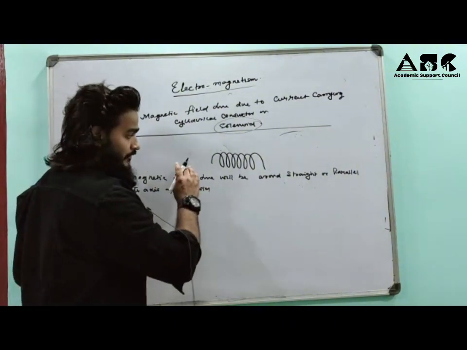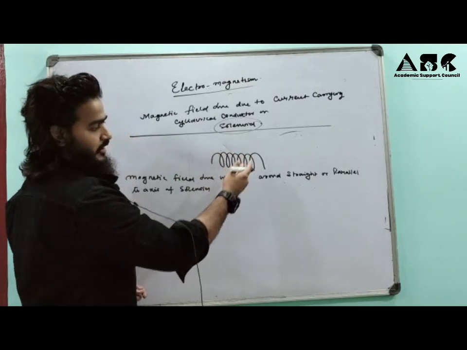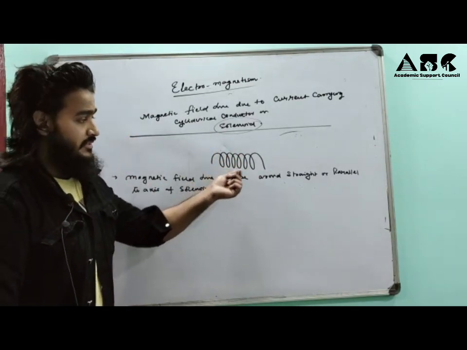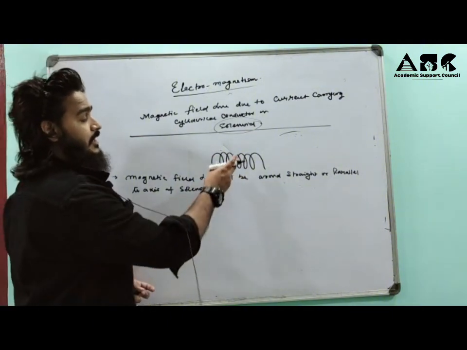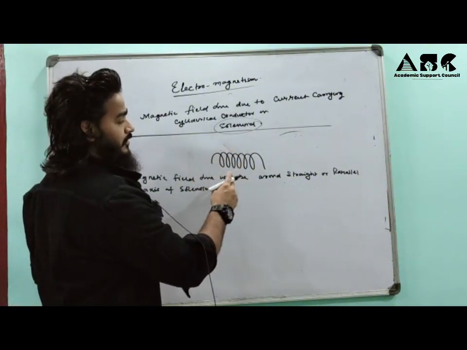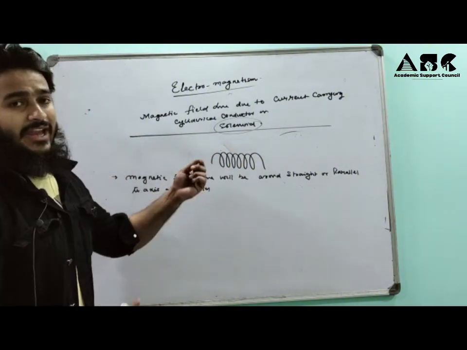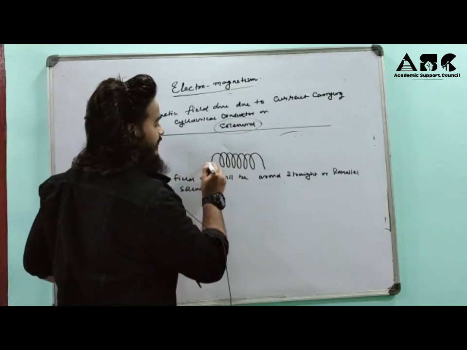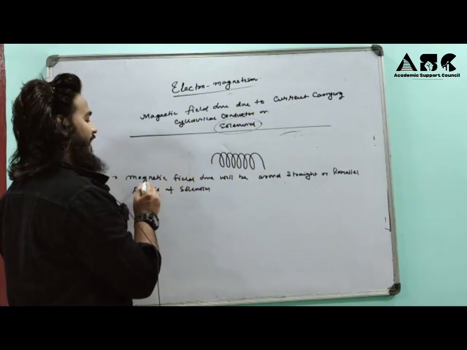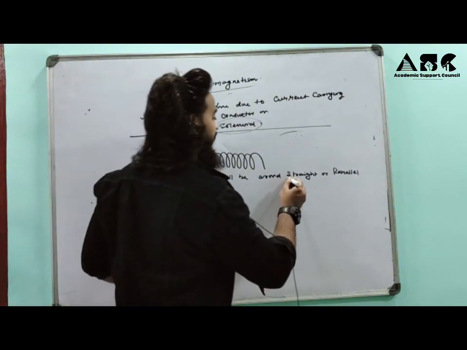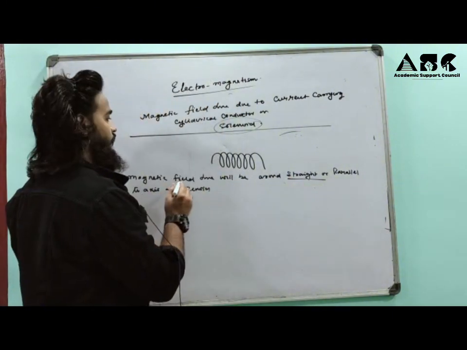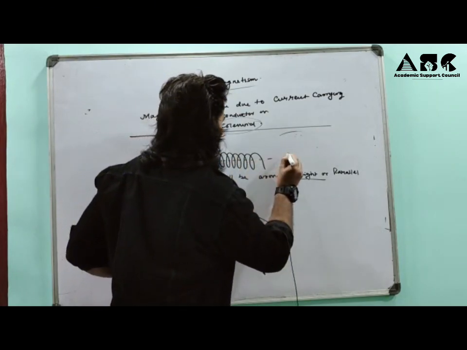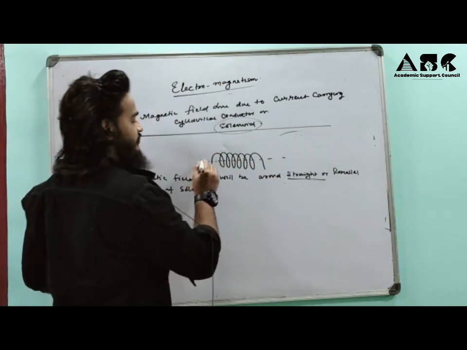Whenever current passes through this solenoid, a magnetic field will be developed around it. If you place iron filings there, they make lines. Inside this solenoid, the magnetic lines of force will be straight or parallel to the axis of the solenoid, moving in this way. All the iron filings will be straight.